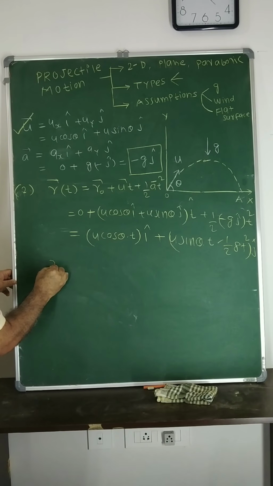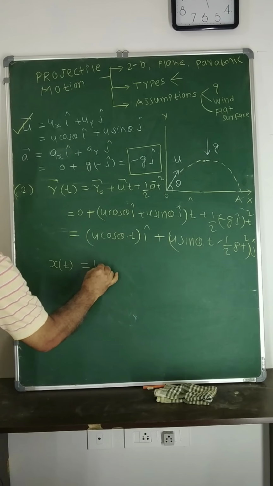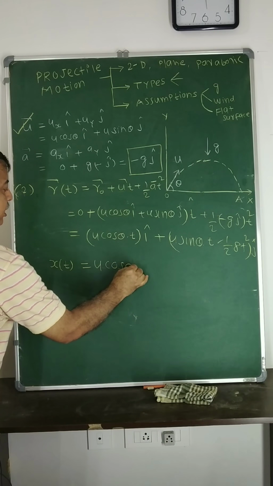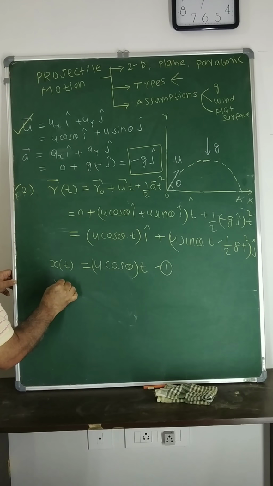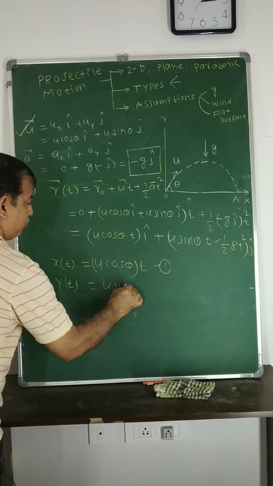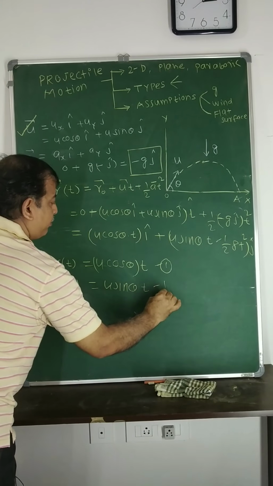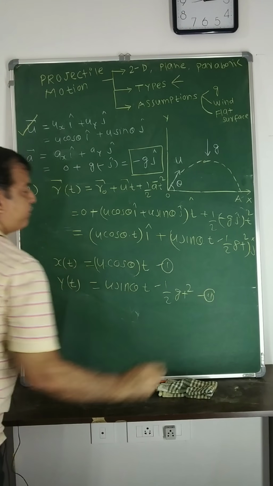In other words, if somebody asks what is the x coordinate at any time t, its x coordinate at a particular time t will be this quantity. If somebody is interested in its y coordinate at that particular time, then the y coordinate can be calculated from this.